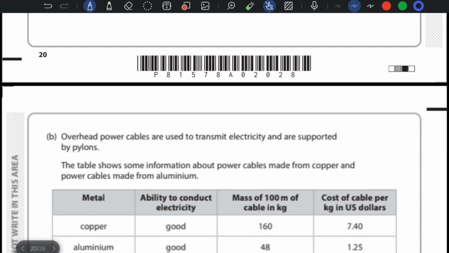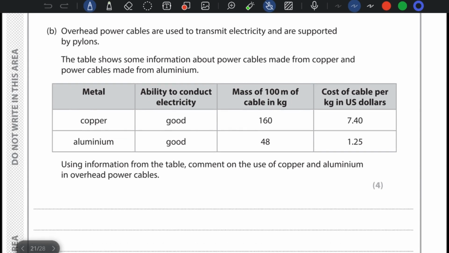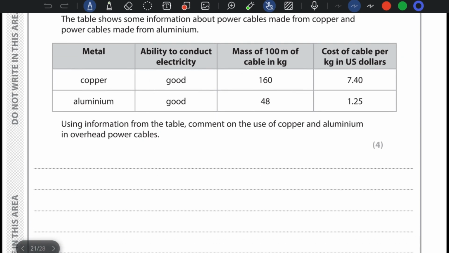Next question. Overhead power cables are used to transmit electricity and are supported by pylons. The table shows some information about power cables made from copper and power cables made from aluminium. Copper and aluminium both conduct electricity. The mass of 100 meters is 160 kilograms for copper and 48 kilograms for aluminium, because aluminium has low density.